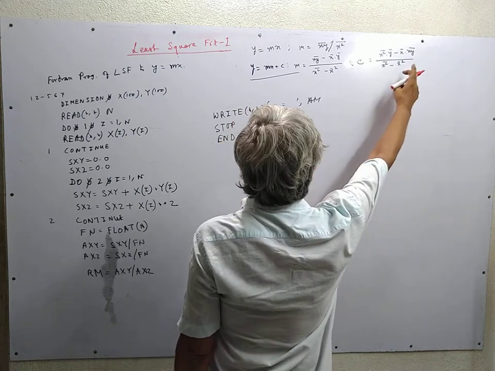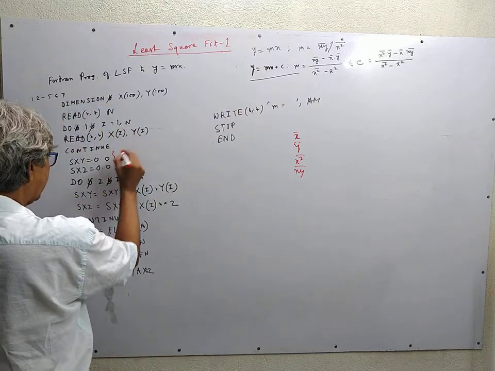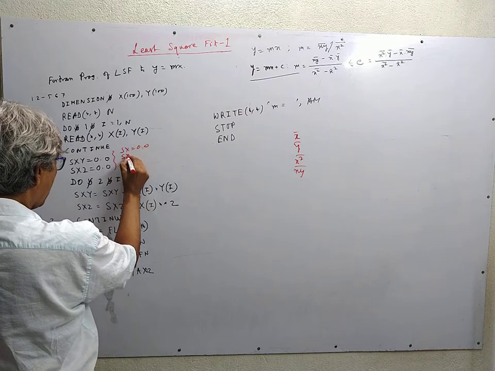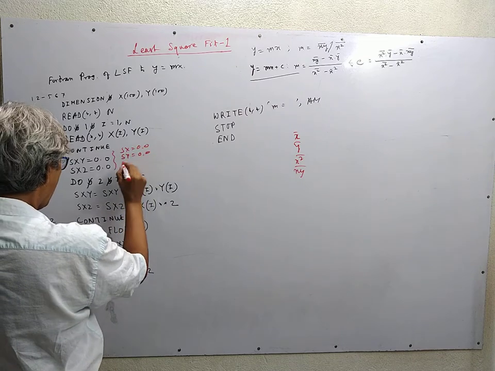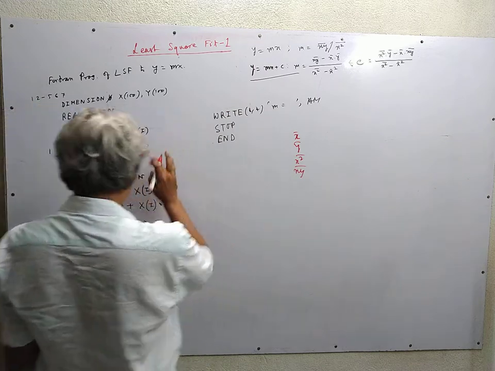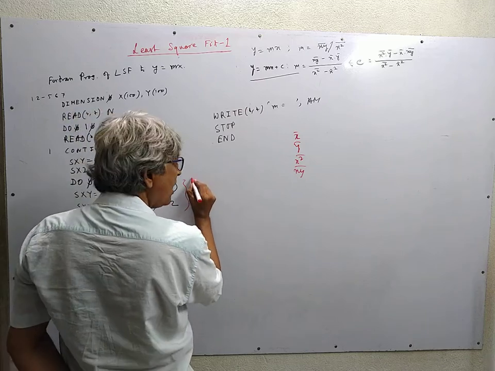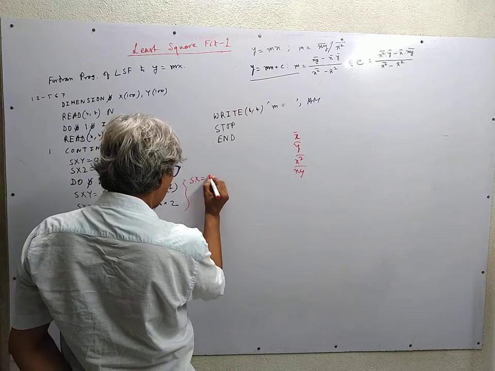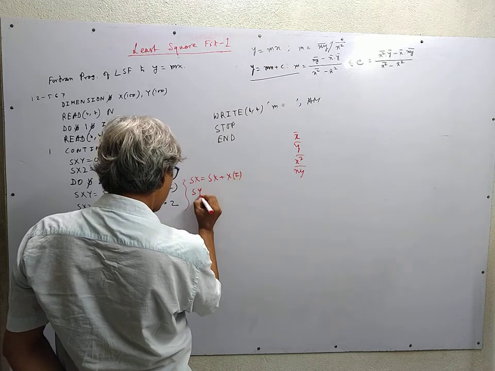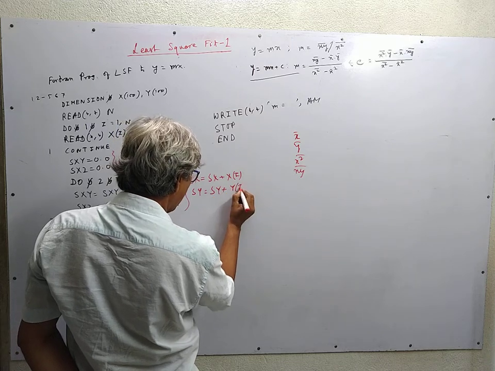So here we are to write a few lines, sx, sy, two lines, and here we have to add two more lines. Sx is equal to sx plus xi, sy is equal to sy plus yi.